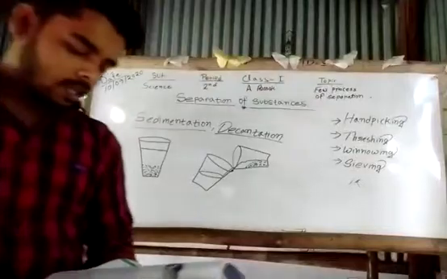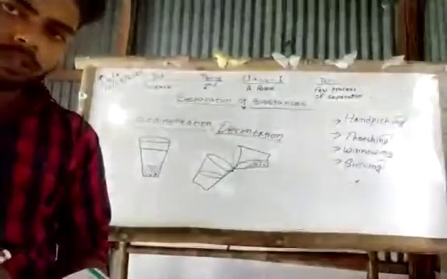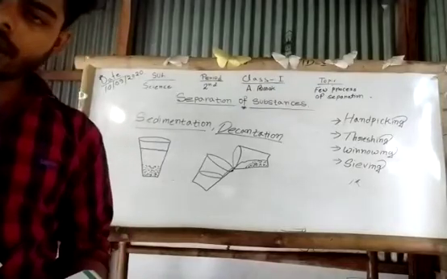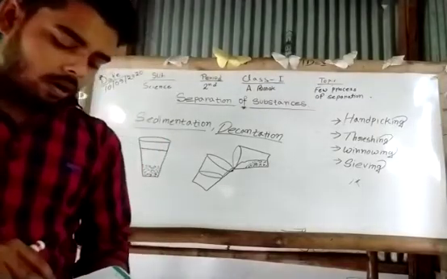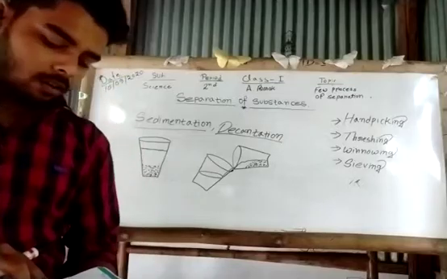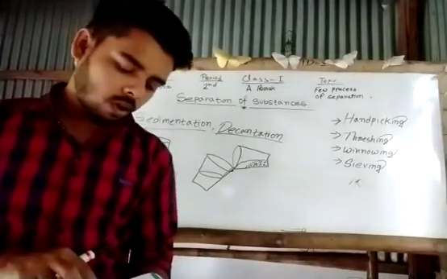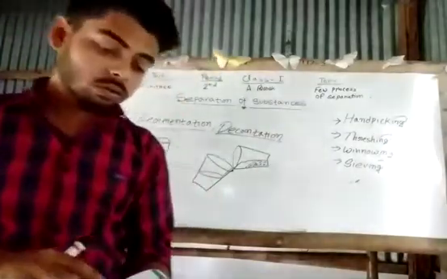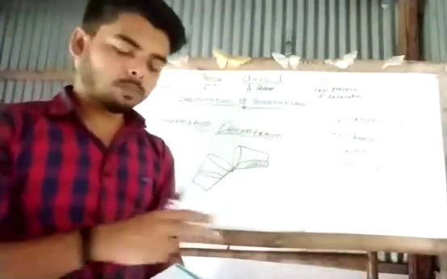Let's see. Sometimes it may not be possible to separate the components of a mixture by winnowing and hand picking. For example, there may be lighter impurities like dust or soil particles in rice or pulses. In that case we will use this process.